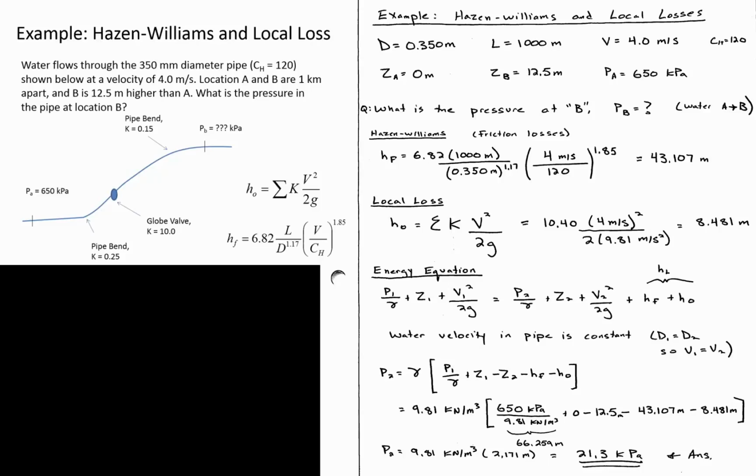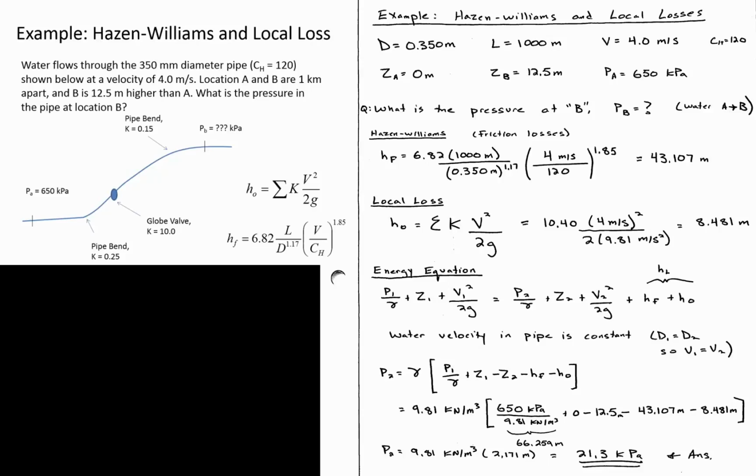So we're straying from what it's intended for, and that introduces an element of uncertainty in our solution. Most likely, this is going to overestimate how much energy loss there is, since we've gone above the 3.5 limit. It doesn't mean that the equation and its output are completely meaningless. It just means that the further you are from the intended constraints, the worse your results are going to be.